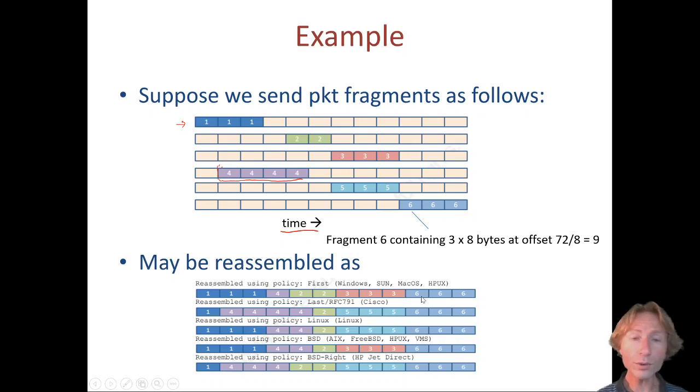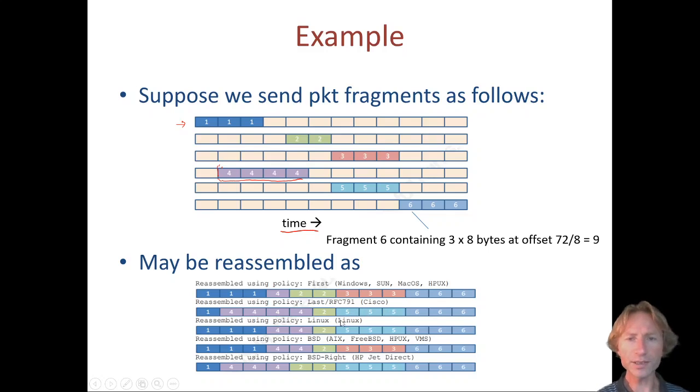But it could also be reassembled by taking the first one of the first fragment, then the first one of the 4th fragment, then all of the 4 fragments, and then the second one of the 2nd fragment, and so on. This is what has been done by the Cisco implementation at that time.